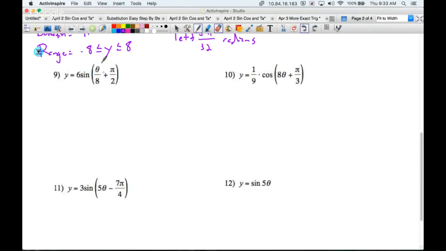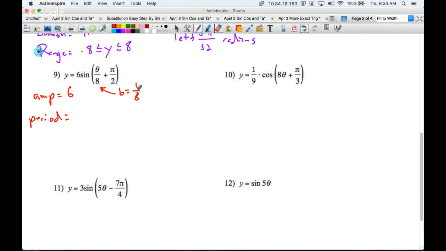Let's try number 9. Switch up the color. Amplitude is 6. The period. So my b value is 1/8. If I see theta over 8, I could pull the theta off the top and leave a 1 behind, and it would be 1/8 times theta.